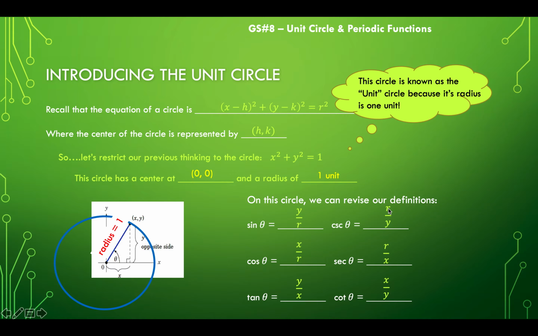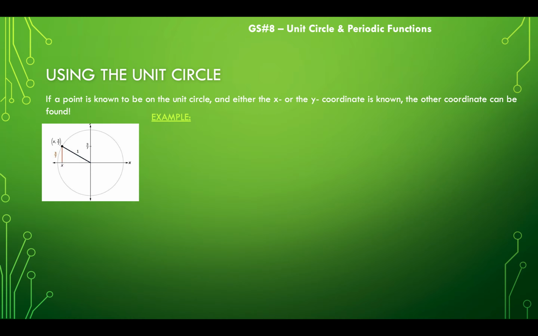Okay, so let's do that. This shows how those definitions are slightly modified when we are restricting our lens to points that are on just the unit circle.